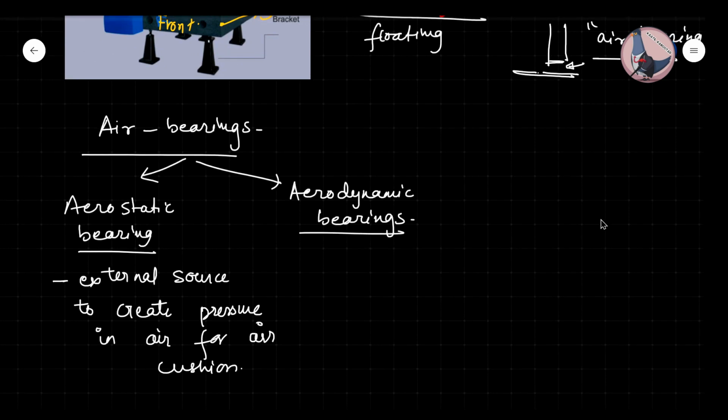Suppose the compressor, while supplying air, does not maintain the temperature, then the high temperature of air will cause the structure to deform. That temperature gradient will make everything elongate. As you know, with the thermal coefficient, metals will expand in length, and that might cause trouble. So the cooling of this air is necessary.